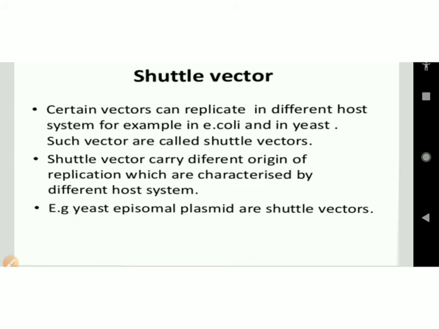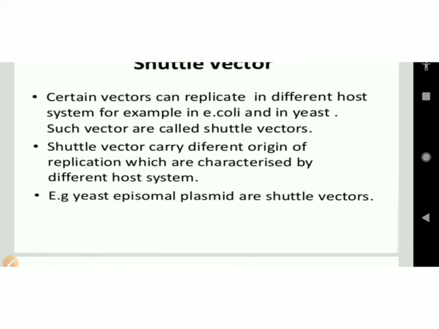So the shuttle vector is important and it's easy. Shuttle vectors are those vectors that can replicate both in prokaryotic as well as eukaryotic cells. For replication in both, they carry different origins of replication, that is, they contain a different origin of replication for the prokaryotic cell and a different origin of replication for the eukaryotic cell.